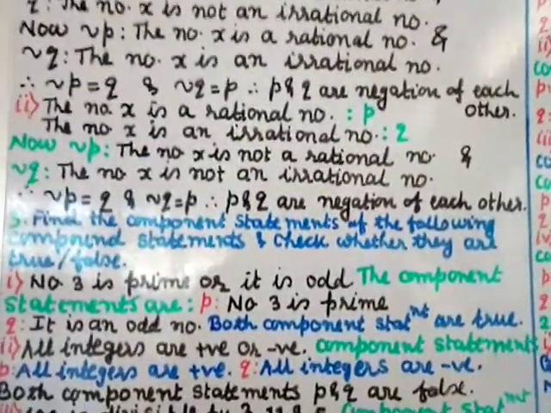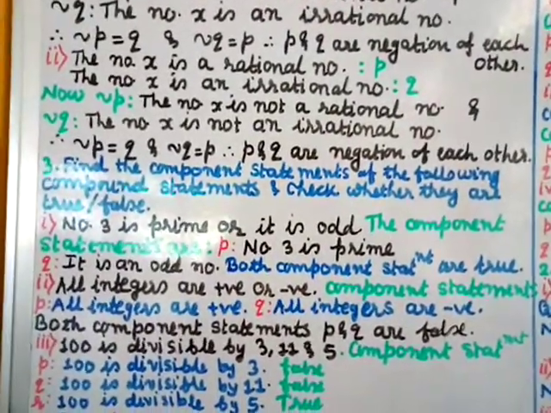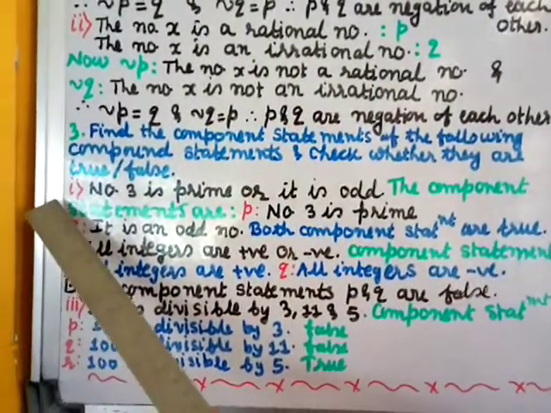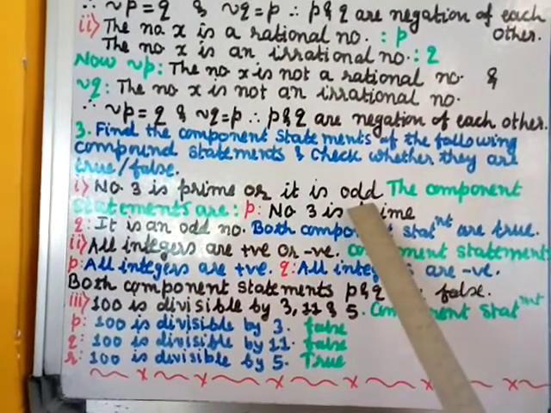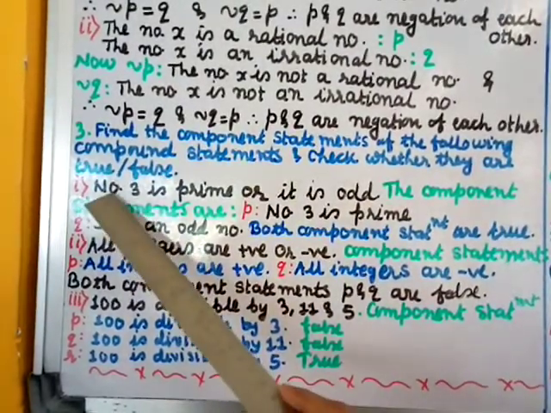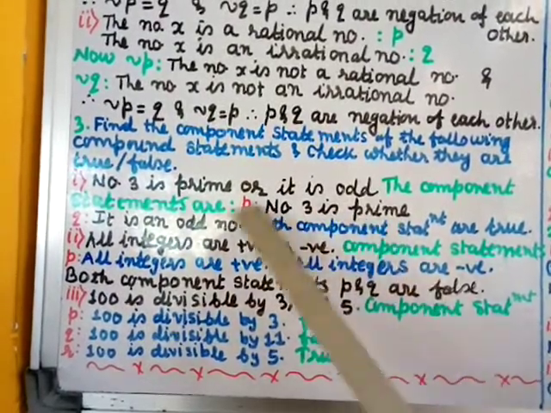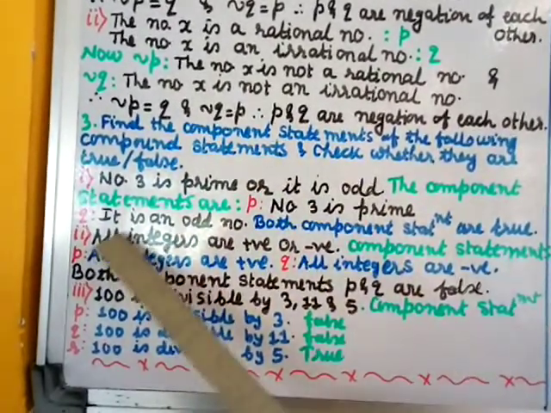Question number 3. Find the component statements of the following compound statements and check whether they are true or false. Number 1: Number 3 is prime or it is odd. The component statements are: the first one I call P, number 3 is prime, and Q, the second statement, it is an odd number.